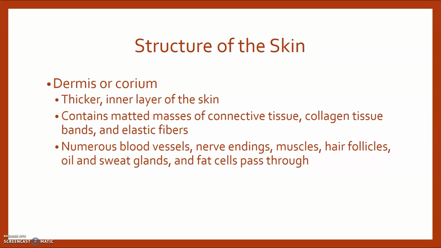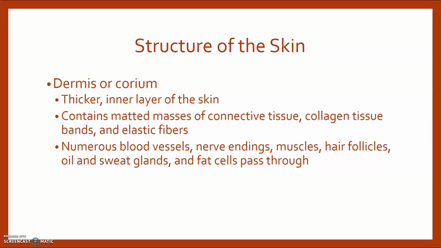So now that we've looked at the different layers of the epidermis and the epidermal cells, we're now going to spend some time talking about the dermis, which is also called the corneum. So the dermis, remember, is going to be located just beneath the epidermis. And the dermis is much thicker than the epidermis.